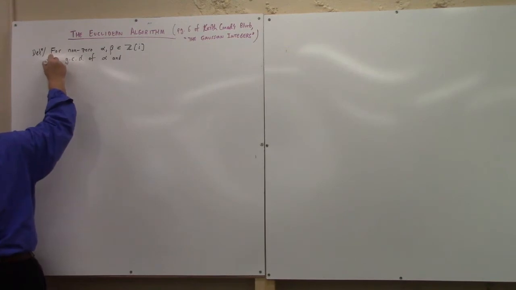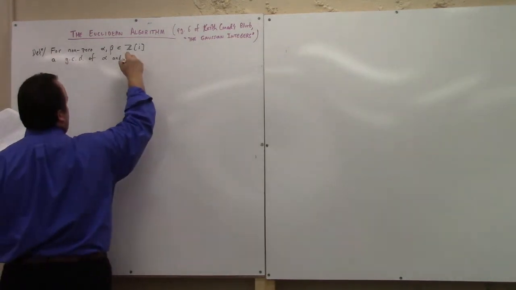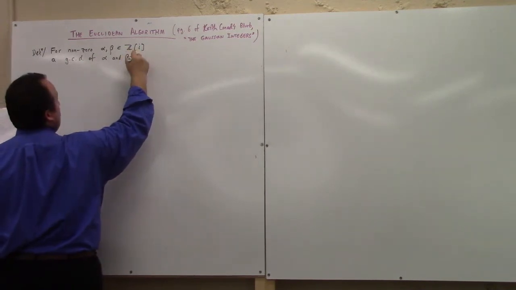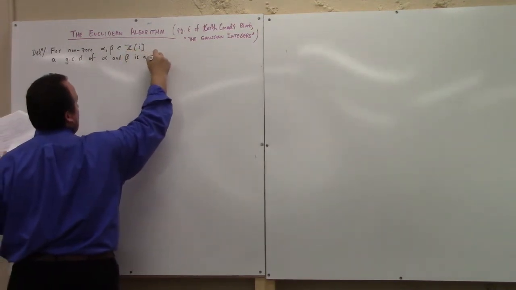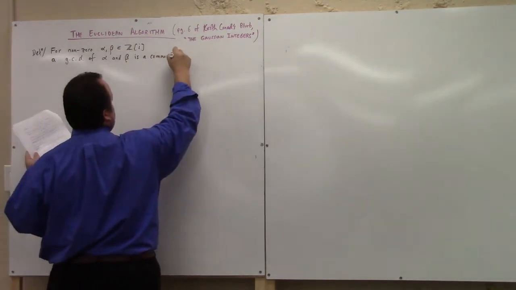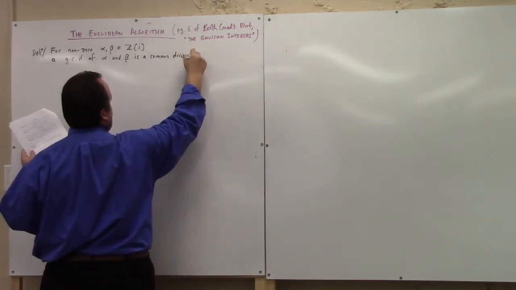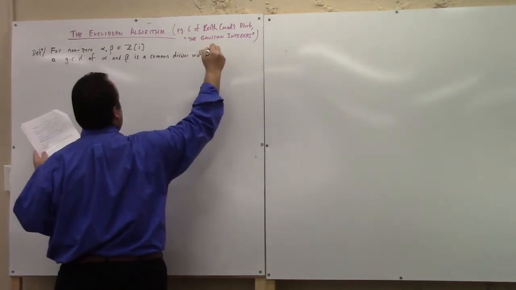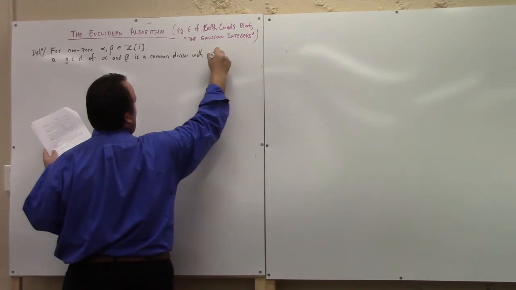I should say a greatest common divisor of alpha and beta is a common divisor with maximal norm. That's what he said.